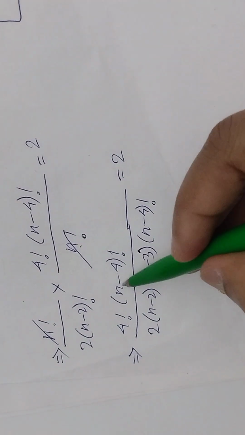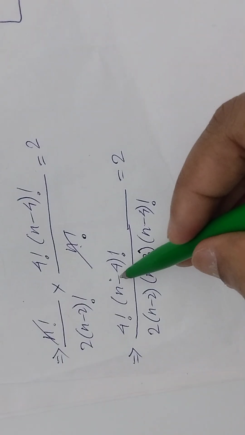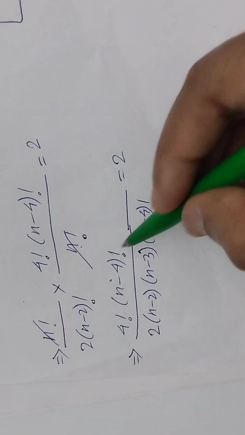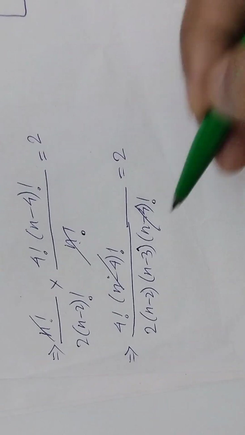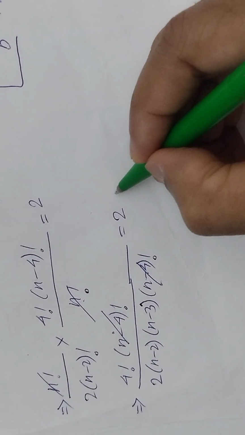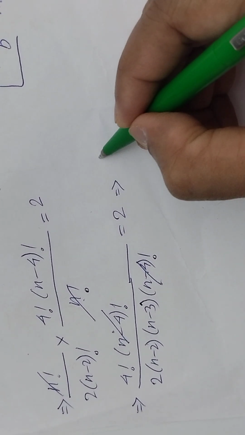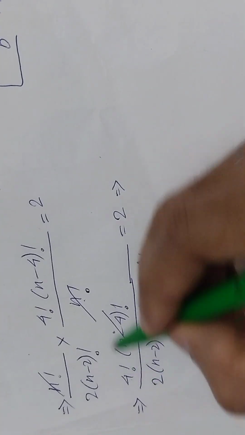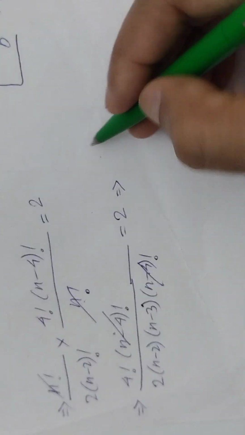Now you see this (n minus 4) factorial on top and bottom are similar, so we cancel out, which leaves us with 4 factorial. So we expand it there.